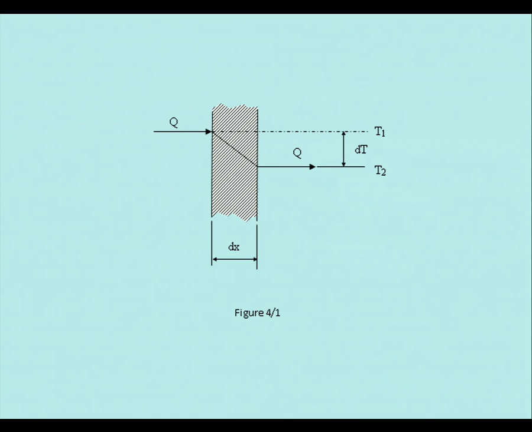The temperature on the outside of this material will be lower, so T2 will be lower than T1. So that's why you put insulation on.